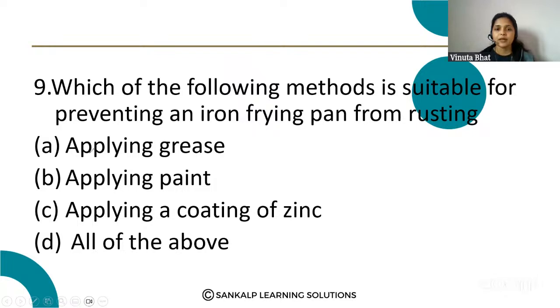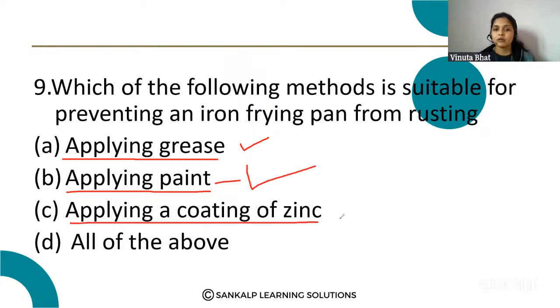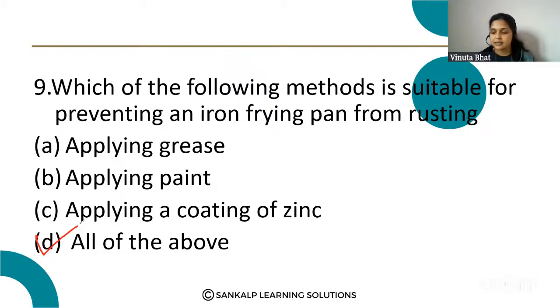If you apply grease, the iron is prevented from rusting. Applying paint is also used to prevent rusting, and applying a coating of zinc is also correct. So option D, all of the above, is the correct answer.